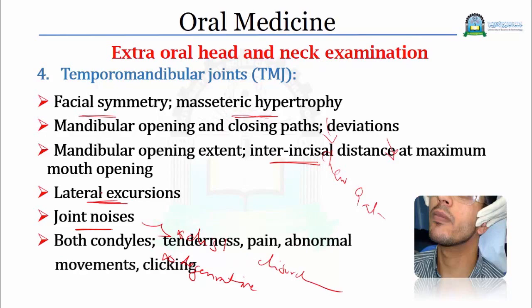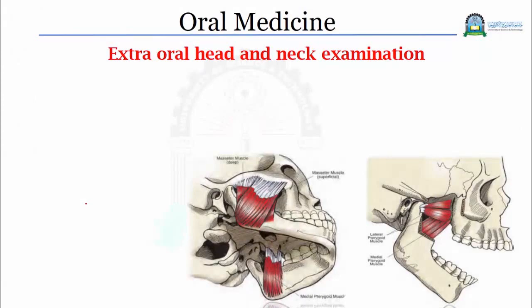Both condyles, tenderness, pain, abnormal movement, and any clicking should be examined. In the examination of the temporomandibular joint, you might need to use a stethoscope to assess any sounds, clicking, or other abnormalities.